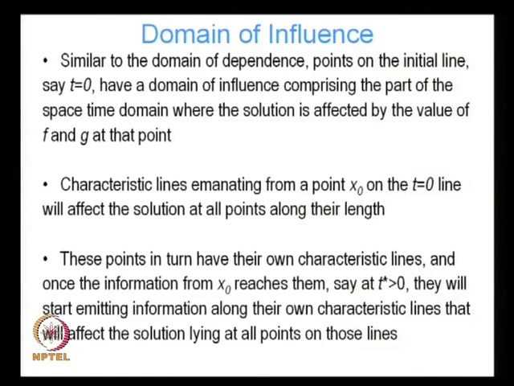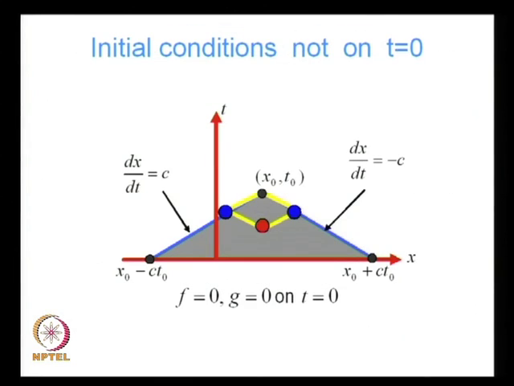Similar to the domain of dependence, there is something called the domain of influence. It is basically just the reverse. The domain of dependence tells me, for a point in the xt domain, what is the part of the domain which affects the solution at x0, t0.